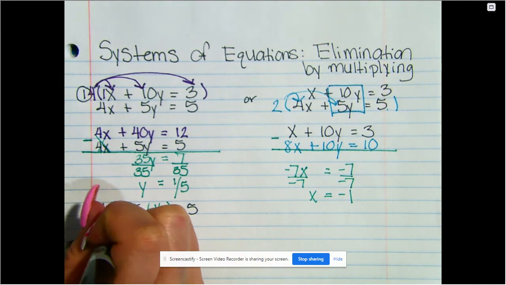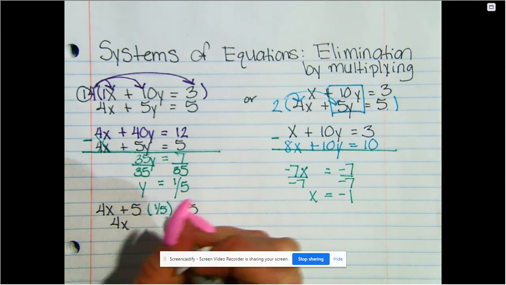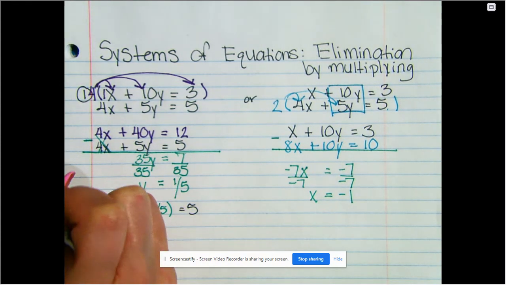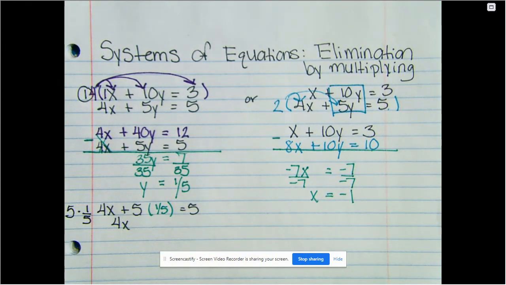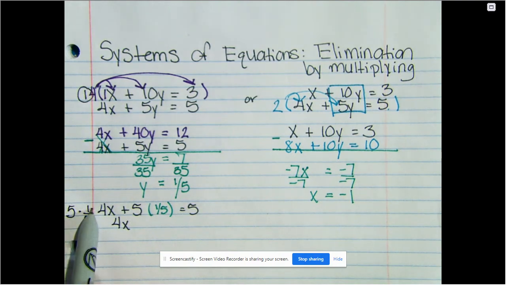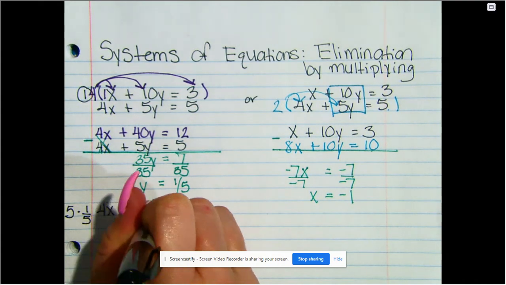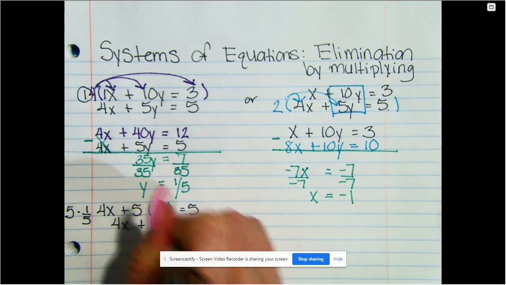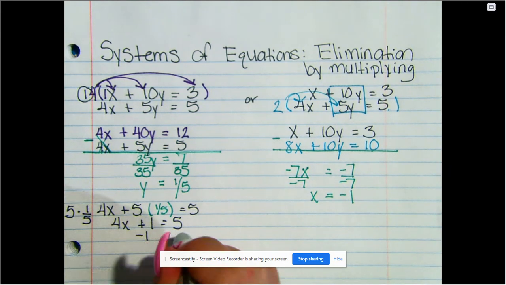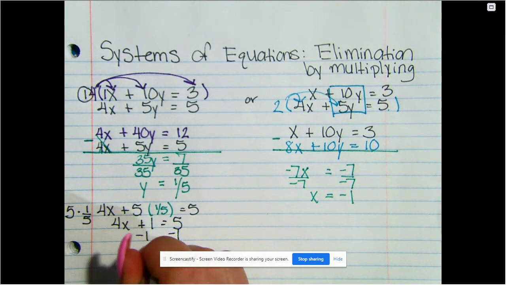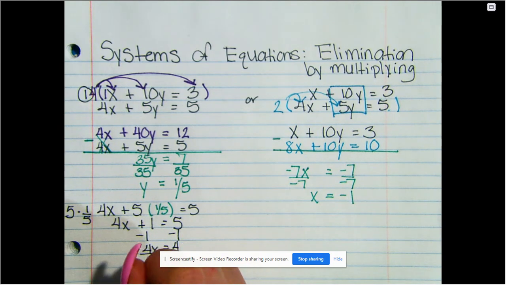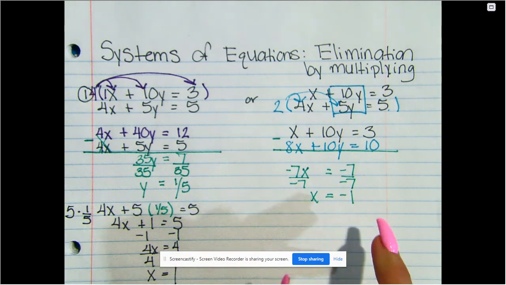So 4x plus 5 times 1/5. If I do 5 times 1, I get 5, divided by 5 is 1. Subtract 1, 4x is equal to 4, and then dividing by 4 on each side, x is equal to 1.